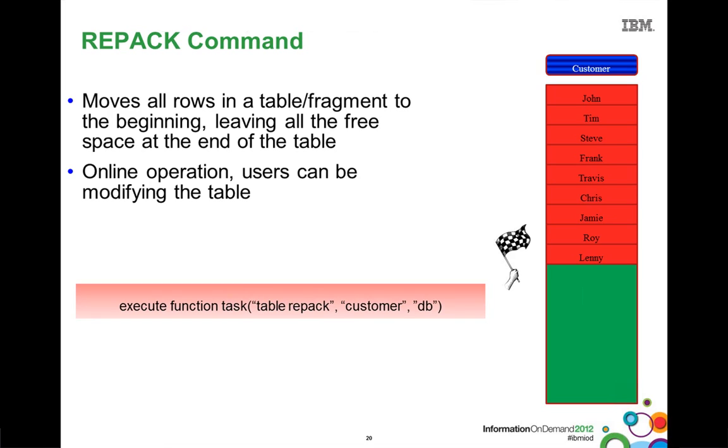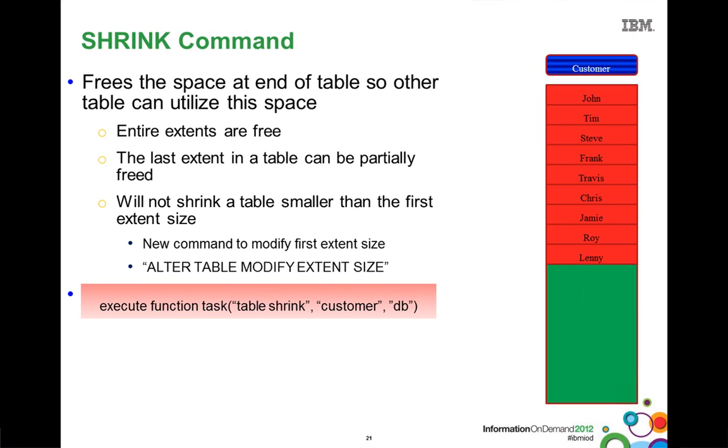And then lastly, we have the shrink command, the table shrink. The table shrink command is really intended to take that free space off at the end of the table and return it to the system. It can take partial extents, it can take entire extents, but it's really taking that free space off at the end.